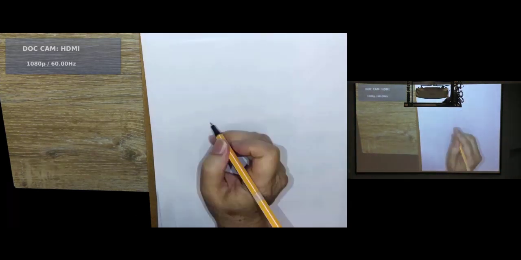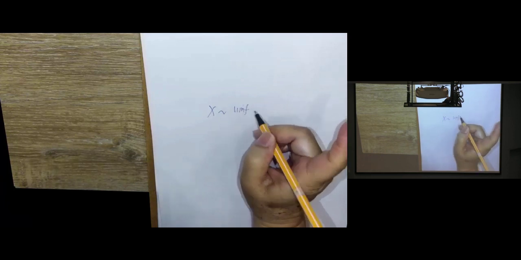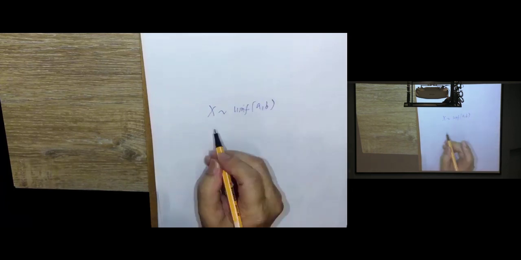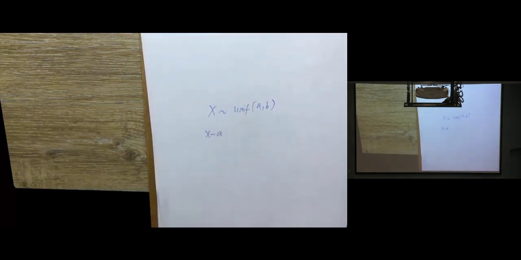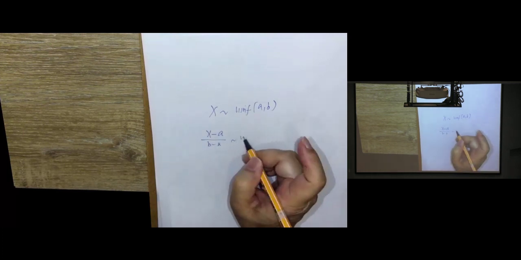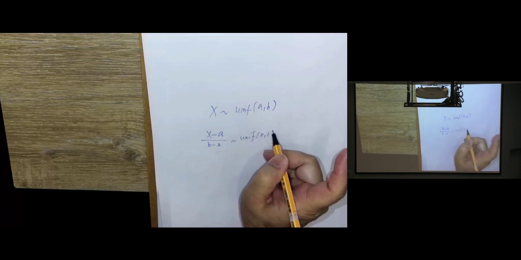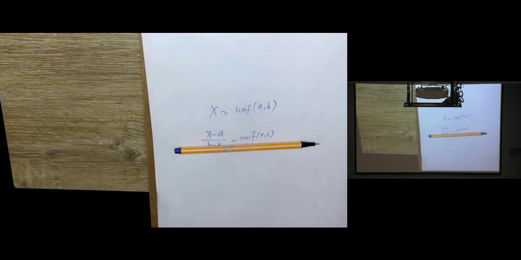If X is uniform over A, B, one way to think about it is if I move my origin, X minus A will start at 0, and I scale it by B minus A, that would be uniform 0, 1. So if you do it this way, by assuming A is equal to 0, B equal to 1 in the slides, your calculation is easier.